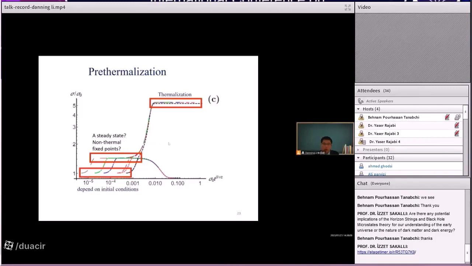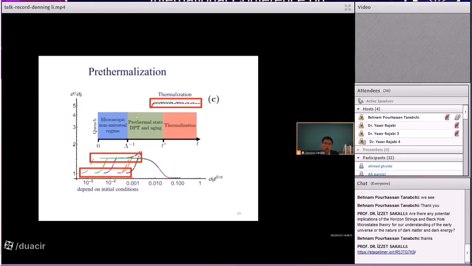This structure is actually very similar to that described in the previous page. So this stage might correspond to the pre-thermal state. But to prove this, we still need to do more work, and we'll leave it for the future.